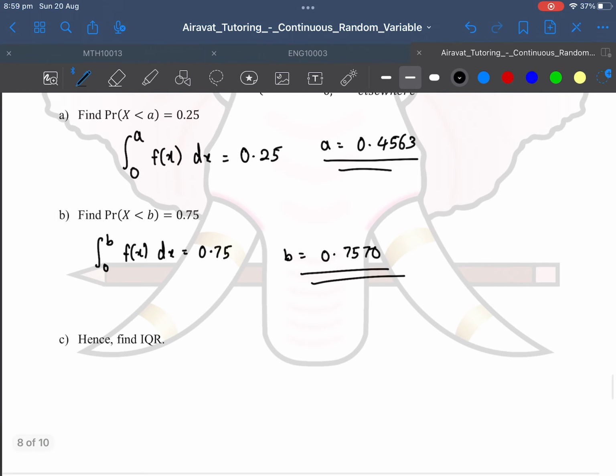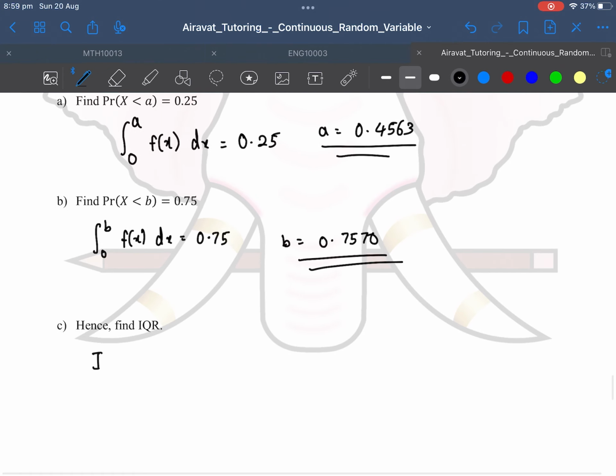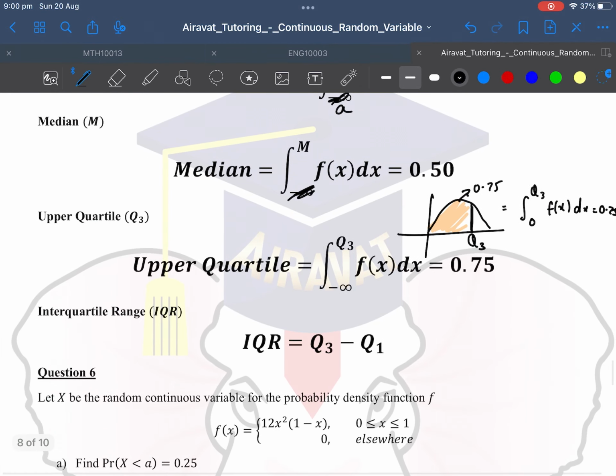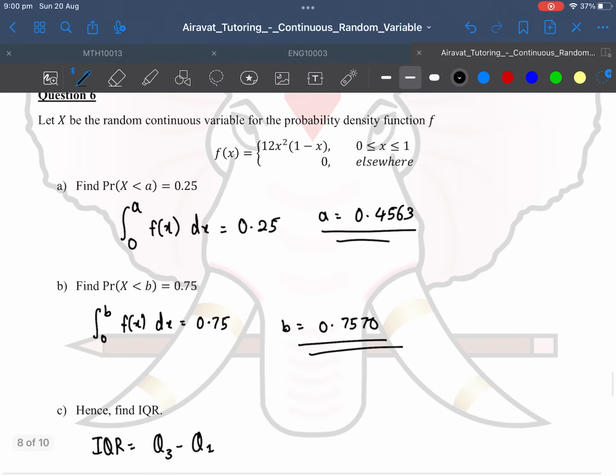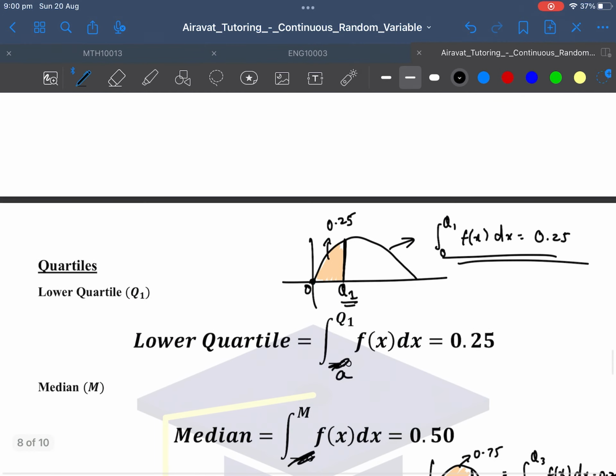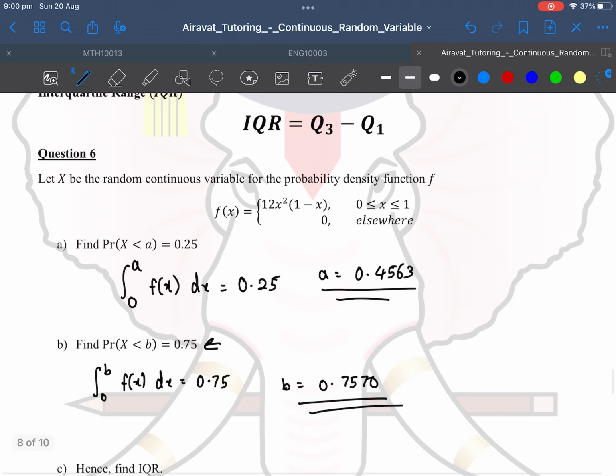Hence, find the IQR. What is IQR? IQR equals to q3 minus q1. Do we have that already? I'm pretty sure we do, right? What is our upper quartile when area is 0.75? We have already found it here. And what's our lower quartile? 0.25, which also we have found here, right?